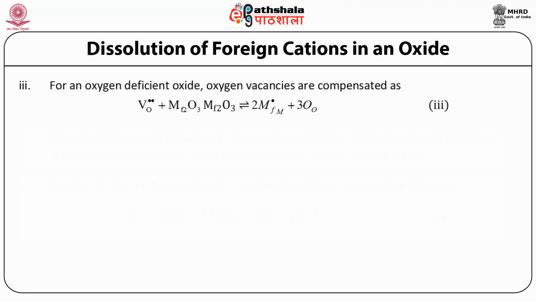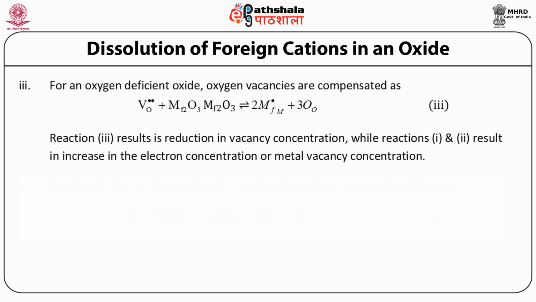However, for an oxygen deficient oxide, the oxygen vacancies are compensated as VO double dot plus MF2O3 gives 2 MFM plus 3OO. In this, the third reaction results in a reduction in vacancy concentration, while the first and second reactions result in an increase in the electron concentration or metal vacancy concentration.